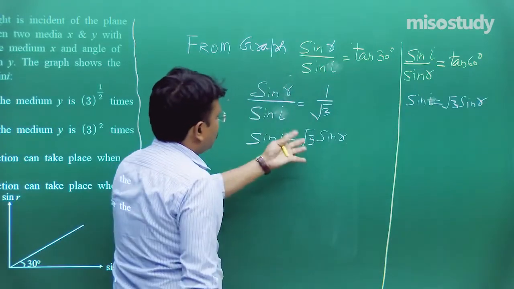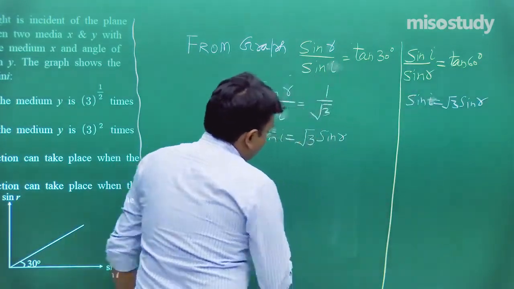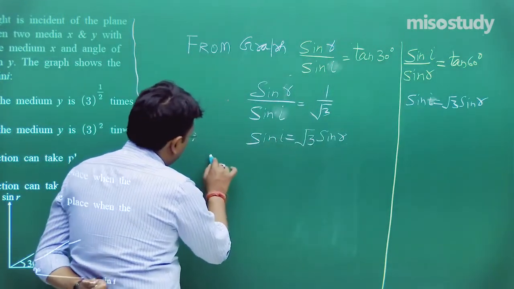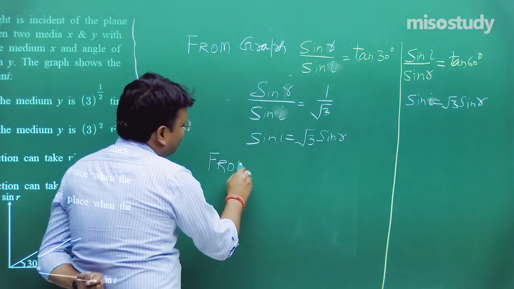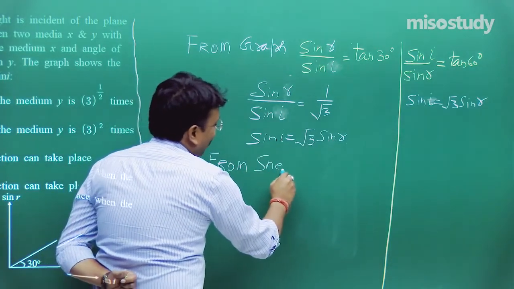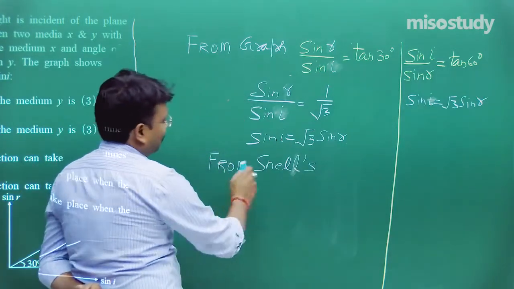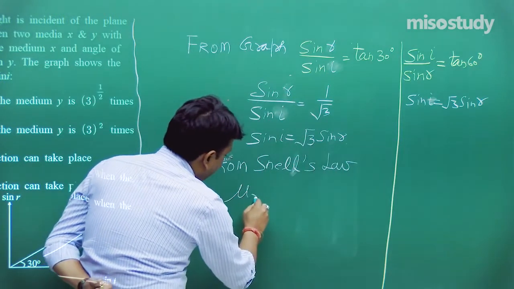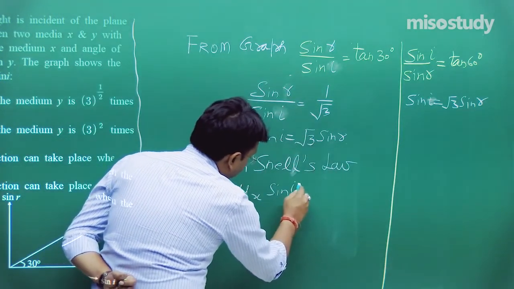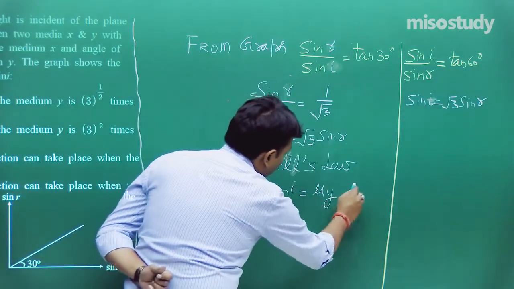Whatever you want to do, you can use that method, either the way it is represented, or this way. Now from here, I'll have to mention a new formula, a new concept, from Snell's law. I'm sure you are all well aware of this result from Snell's law: mu x sin I is equal to mu y sin r.